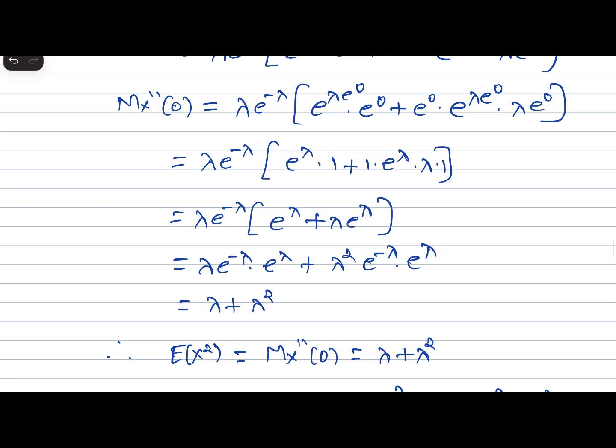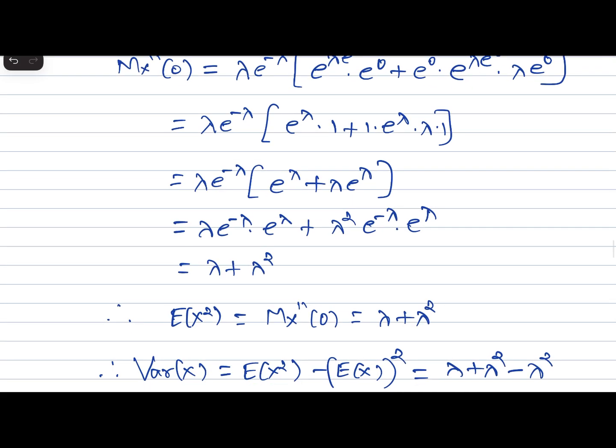Finally you multiply lambda e power minus lambda with e power lambda, the first term, plus lambda e power minus lambda with lambda e power lambda, the second term. So that will give you lambda e power minus lambda e power lambda plus lambda square e to the power minus lambda into e to the power lambda.